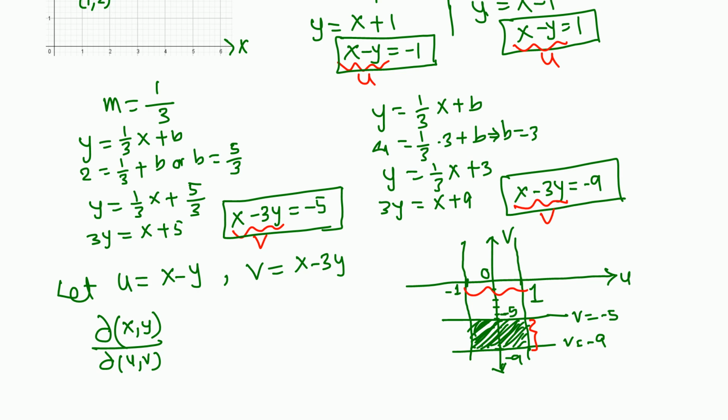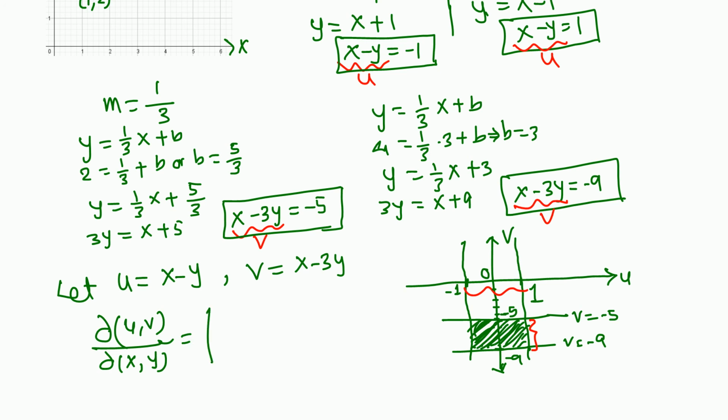We can solve these two linear equations in terms of x and y, then find this, or instead, let's find its reciprocal. We are supposed to find this, but let's find d(u,v) with respect to (x,y). Then when we take the reciprocal, we get the correct Jacobian.